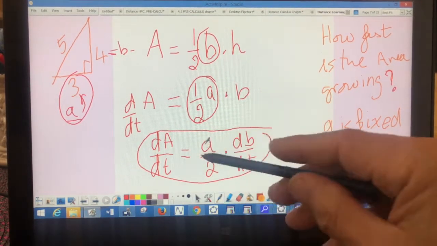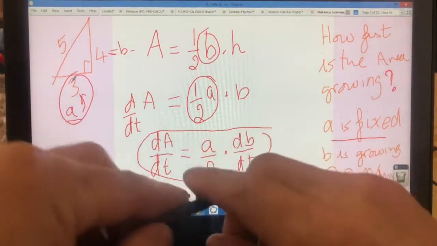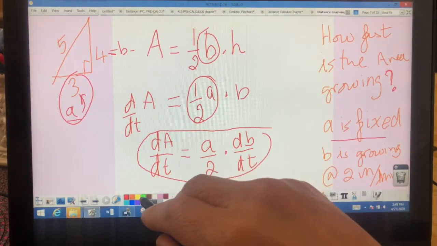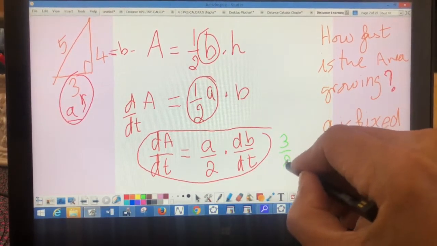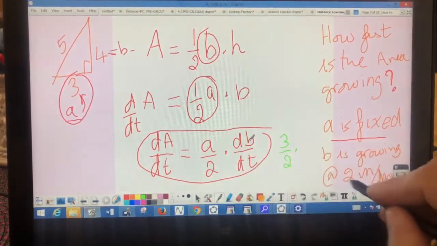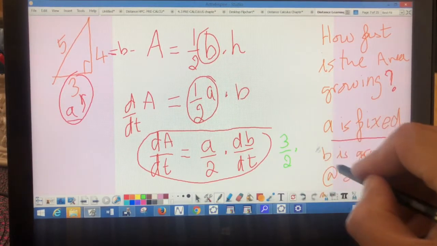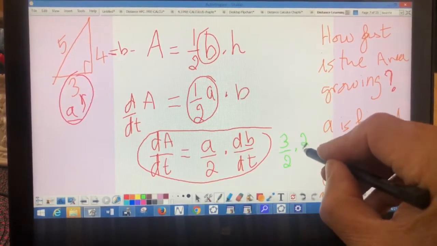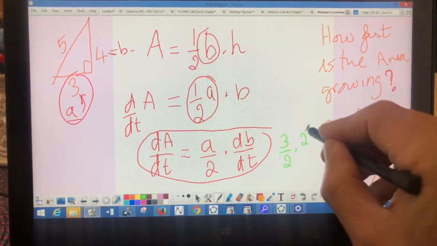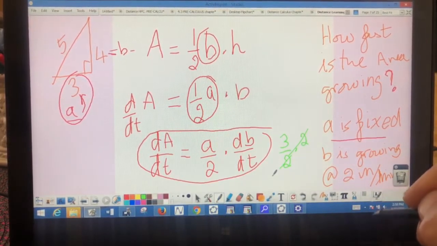The length of A at this moment is 3. So you plug in a 3 here, over 2. Now the rate of change of your B is growing at 2 inches per minute. So this is 2 inches per minute. So now your 2's cancel, right?